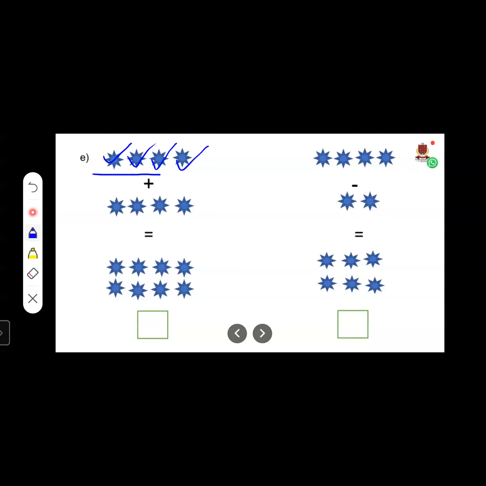How many stars are there? Here we will write 4. This is just for your understanding. I am writing here 4. Then here, how many stars are there? 1, 2, 3, 4. Again, 4. 4 plus 4.